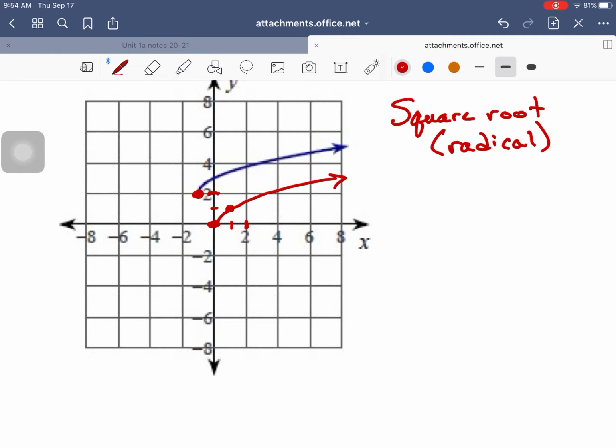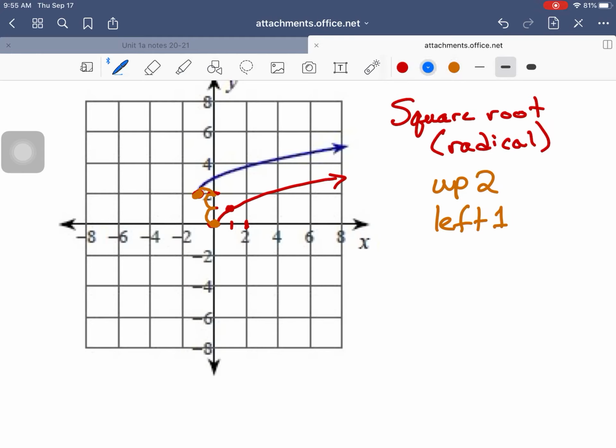So we're looking at going from the parent function, (0, 0), to that point right there. What kind of transformations need to happen? It looks like you have to go up 2 and left just 1. So left 1. Is there a dilation happening? Here's how we check that.